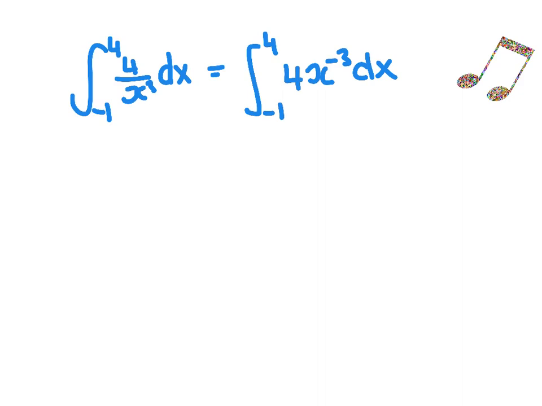Now remember, I could move this 4 outside, do the calculations and multiply everything by 4. In this case, I'm just going to leave it there because it's not going to cause me any problems here. So 4 times x to the minus 3, when I integrate, increase the power by 1, so it's negative 2, divide by the new power.